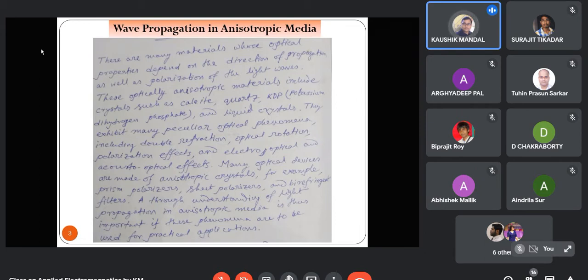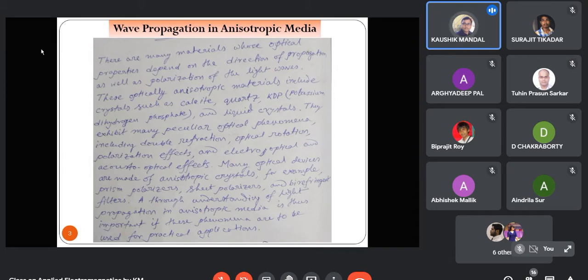One by one, we will discuss more details about phenomena like double refraction, optical rotation, etc.